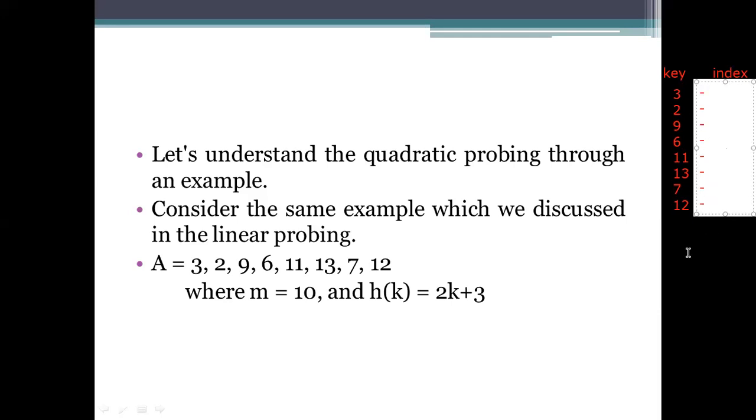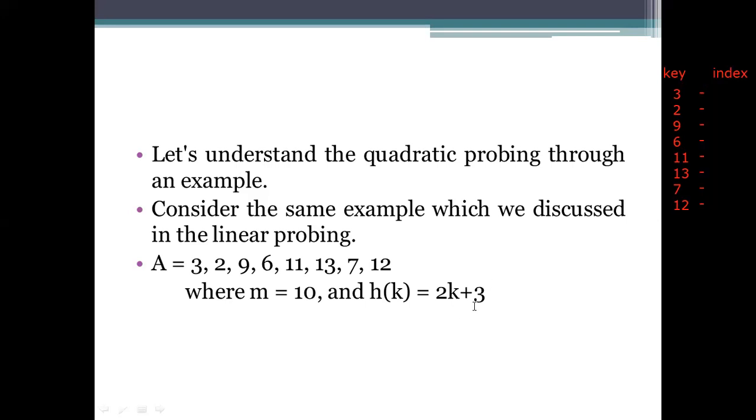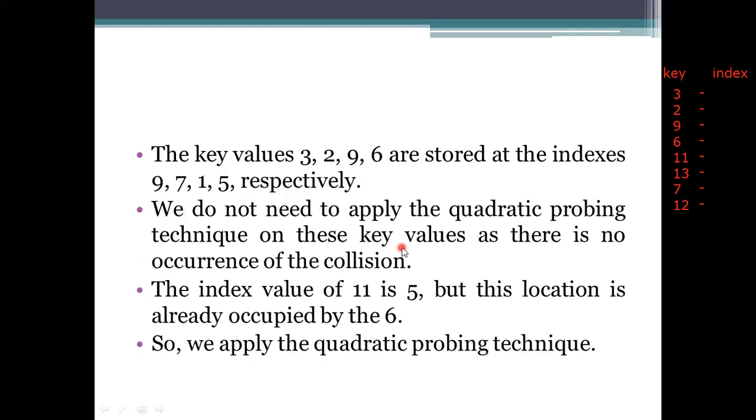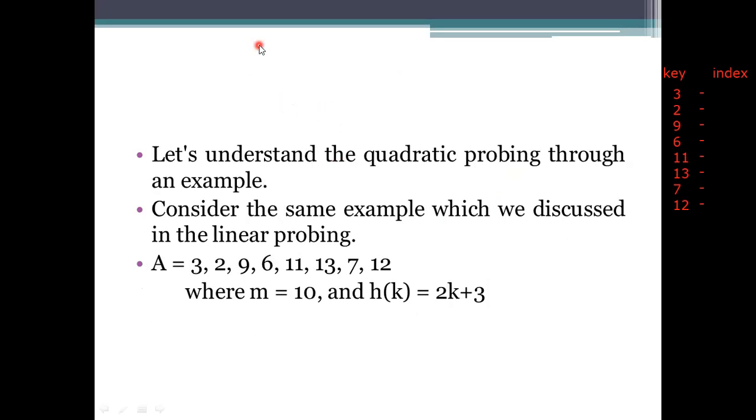Coming to this hash function, we are using the hash function 2k plus 3, and see the processing. So we are not getting the spaces which are used in the other representations here. So here we need to calculate the hash function. What is the hash function here? Write down the hash function.